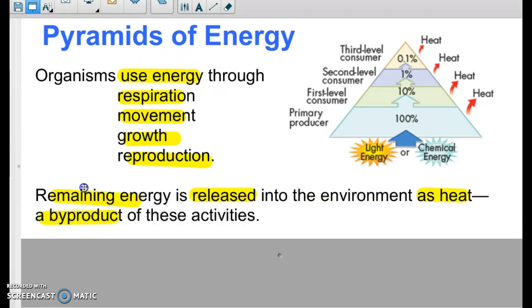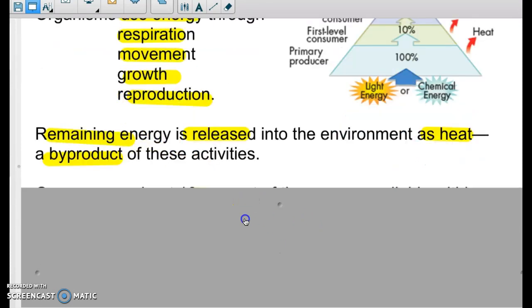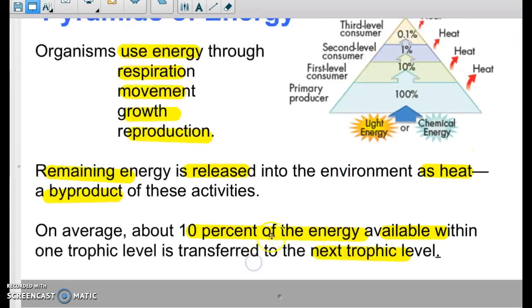However, the remaining energy is lost as heat. It is a byproduct of doing all those activities. Breathing, moving, growing, and metabolizing, you're going to release heat as a byproduct. So on average, about 10% of the energy is actually able to move up to the next trophic level.